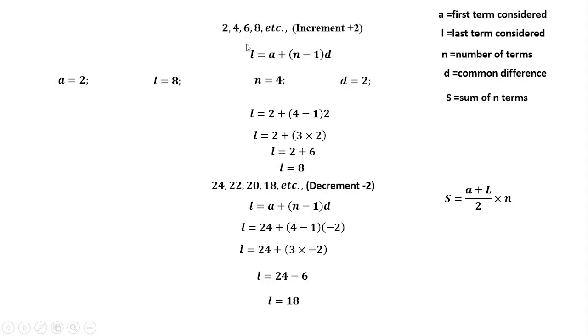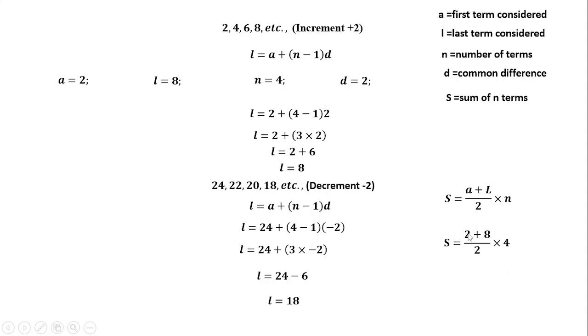So for identifying the sum of a sequence, the formula is S is equal to (A plus L) divided by 2 into N. Already we know about A, L and N. So according to this problem, A is equal to 2, L is equal to 8 and N is equal to 4. So I substitute the values A for 2, L for 8 and N for 4.